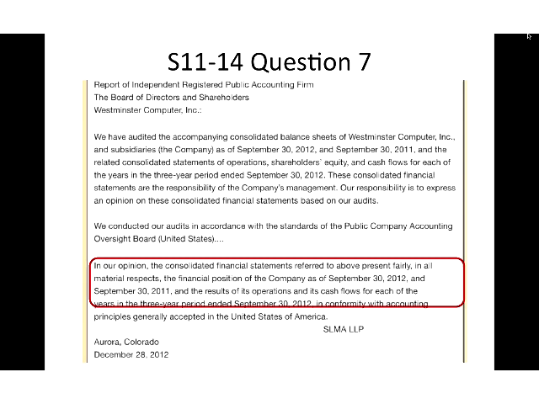Those words, present fairly in all material respects, are what the opinion is. And this is a clean opinion, meaning that they didn't find anything. The strongest language you're going to get is present fairly. You don't get language about we guarantee the financial statements or the statements absolutely represent. They'll say present fairly, this is an opinion.